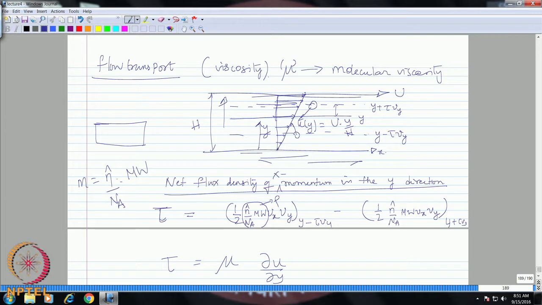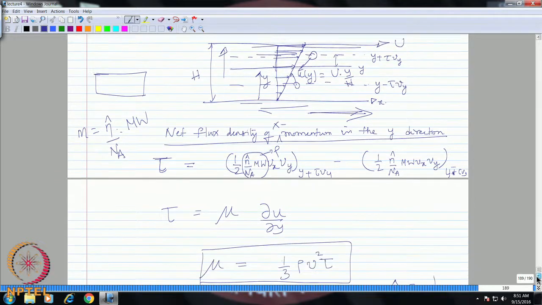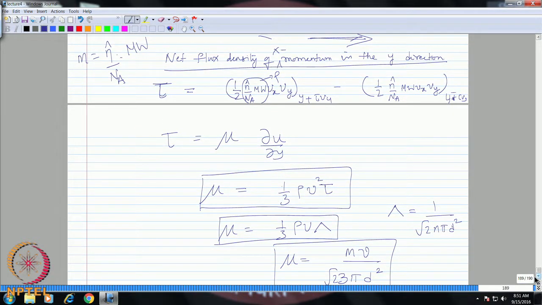So, then this should be y plus tau V y minus, and this will give you a stress which is in the positive x. Okay. That is the shear stress in the positive x direction. Then you will not get this negative sign, because here it is not physical to have a molecular viscosity which is negative. Okay. So, when we derive this flux, you have to be a little bit careful.